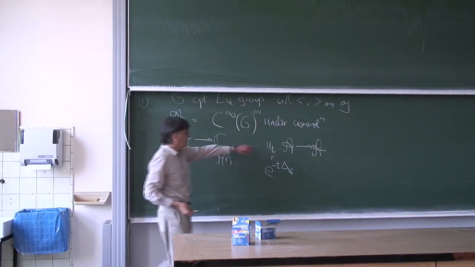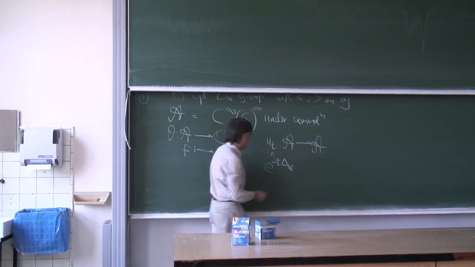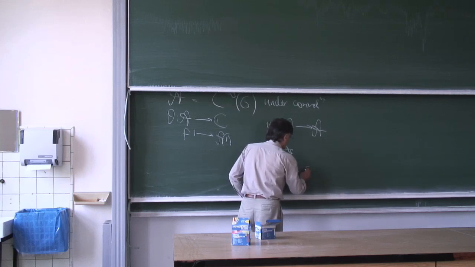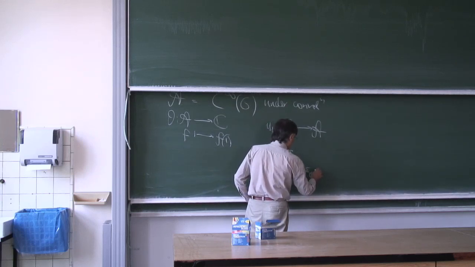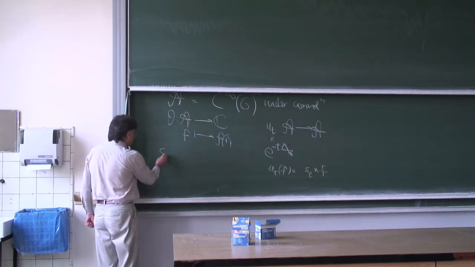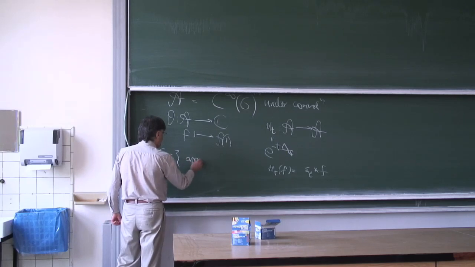And of course this heat flow is just convolution with an element, so U_t f is epsilon_t convolved with f. But these things, epsilon_t, are an approximate unit.